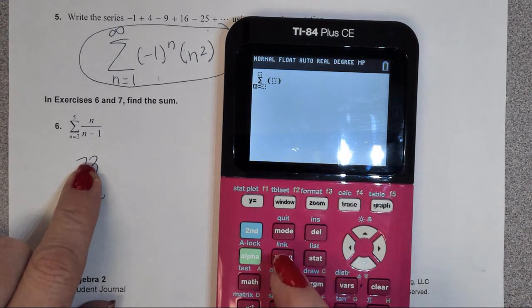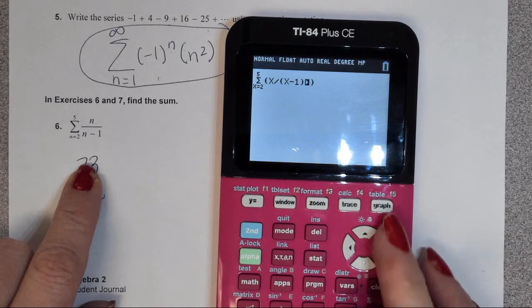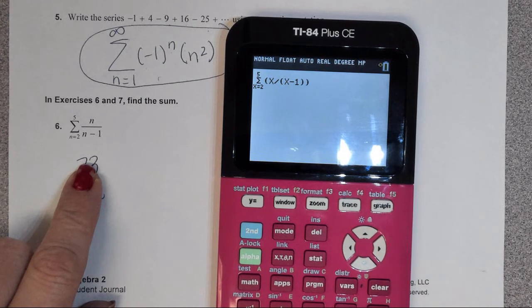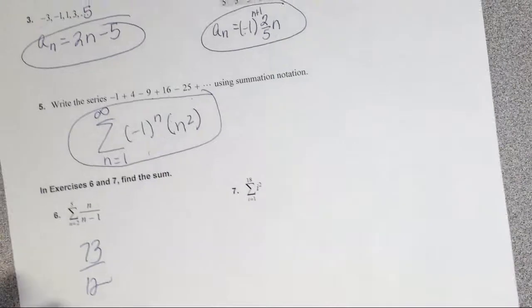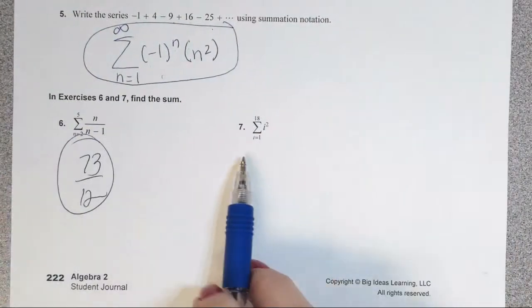So we're going from x equals 2. Make sure you use parentheses around that denominator if there's more than one term. Okay, 73/12. And this one would be done the same way.